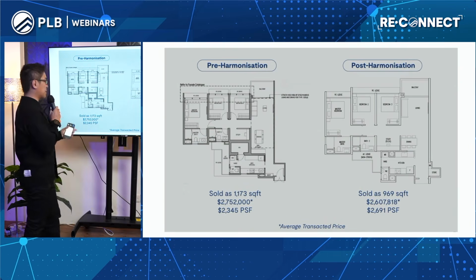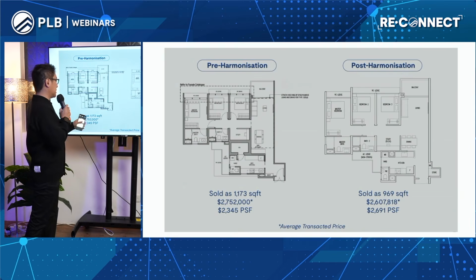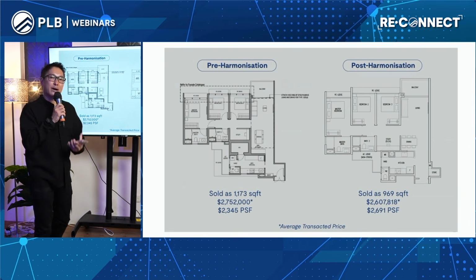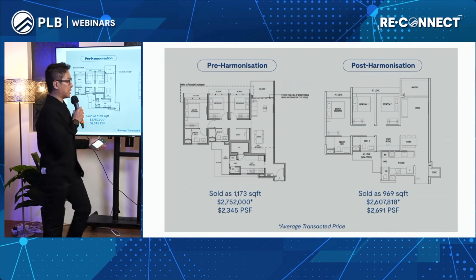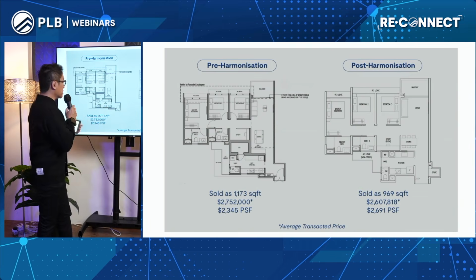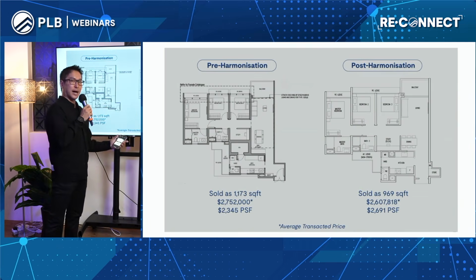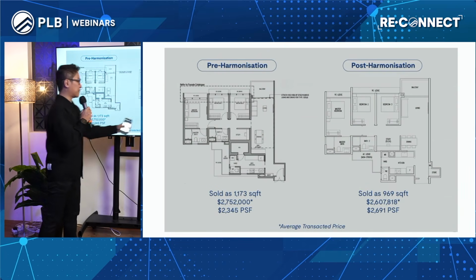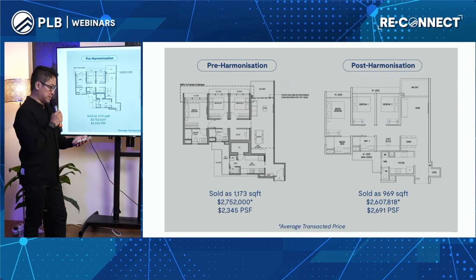So when you're selling property pre-harmonization, it would be taken as 1,173 square feet, but post-harmonization it is actually 969 square feet. Taking this into consideration, your PSF will look higher, but the quantum should be somewhere comparable. Okay, so this is something very important.